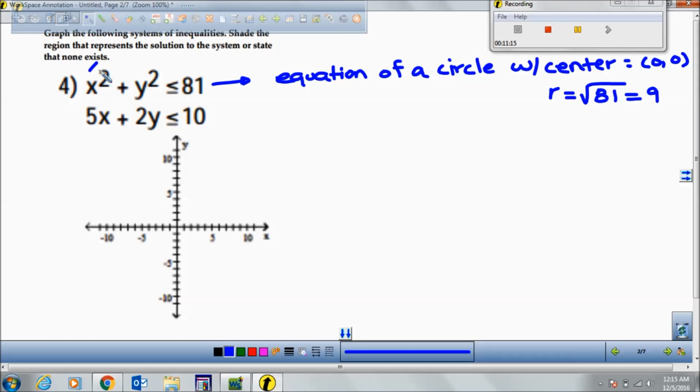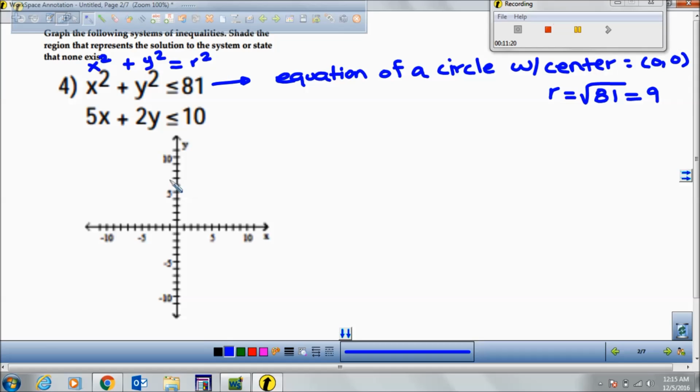Remember that this equation is written in x squared plus y squared equals the radius squared form. So the radius is always going to be the square root of the number on the right side of the inequality, or the equal sign, in this case an inequality.